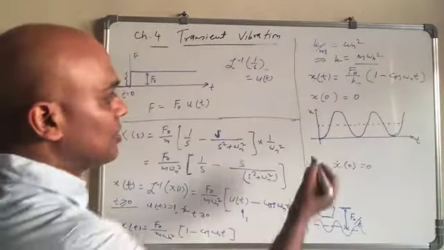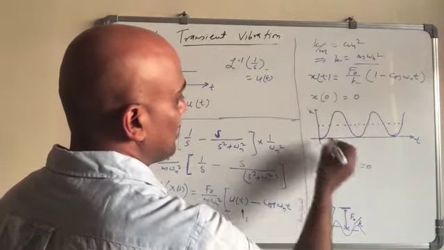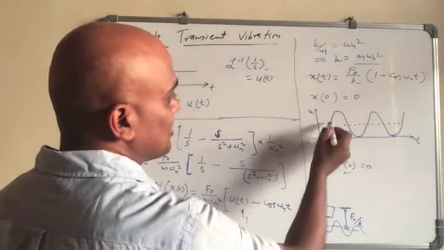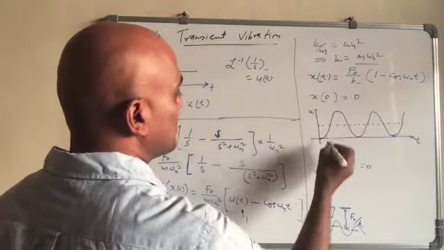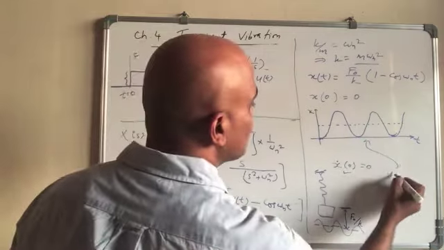The slope is 0, so velocity is 0, and then x(0) is also 0. So this is what the response looks like.